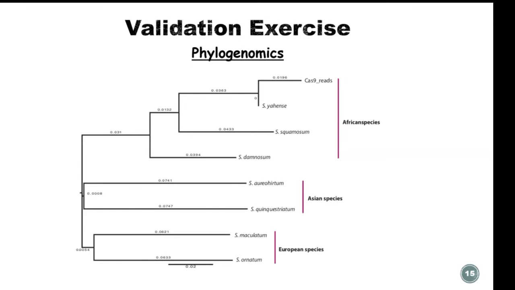What you can see from this phylogenomics is the sequences from our run aggregating with the African species up here. This is just a graphical view showing that this sequencer can be used in phylogenomics.